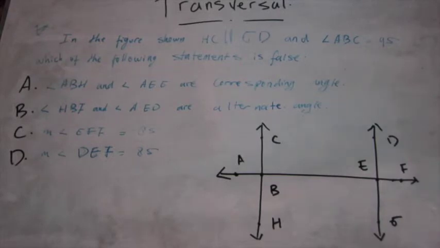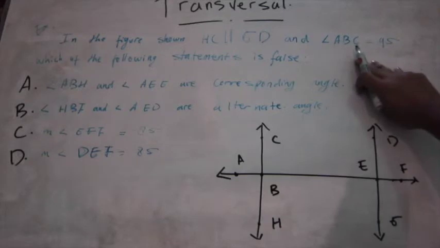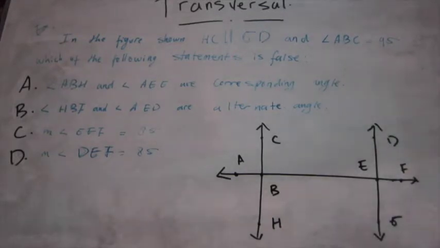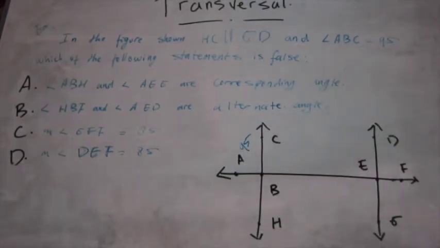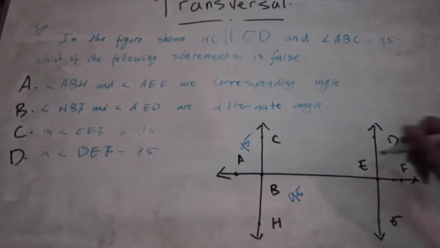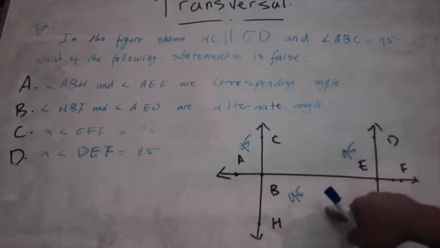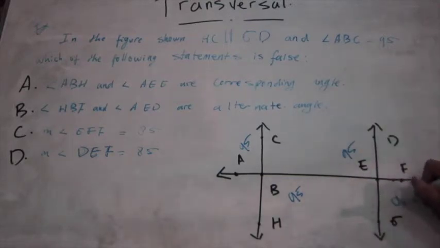Before that, I'm going to put in some numbers. We already know that angle ABC is 95, right? So we put 95 right there. We know that the vertical angle is going to be the same, so we put 95. The corresponding angle is 95 also. The corresponding angle is 95, so the same as that.